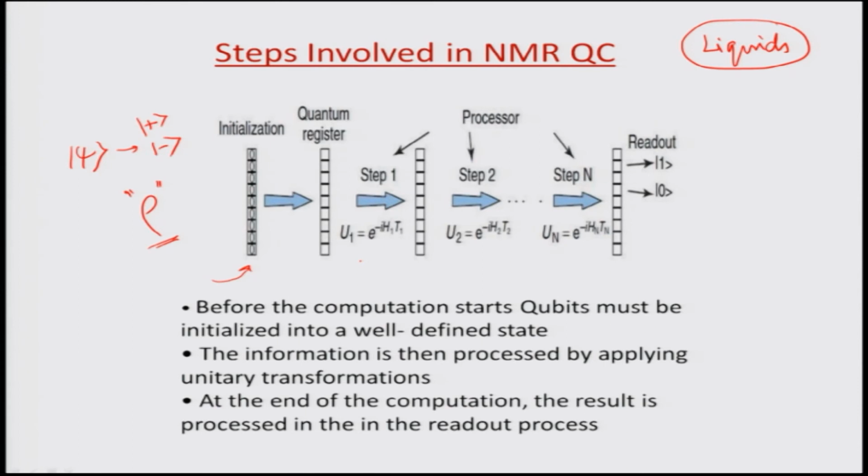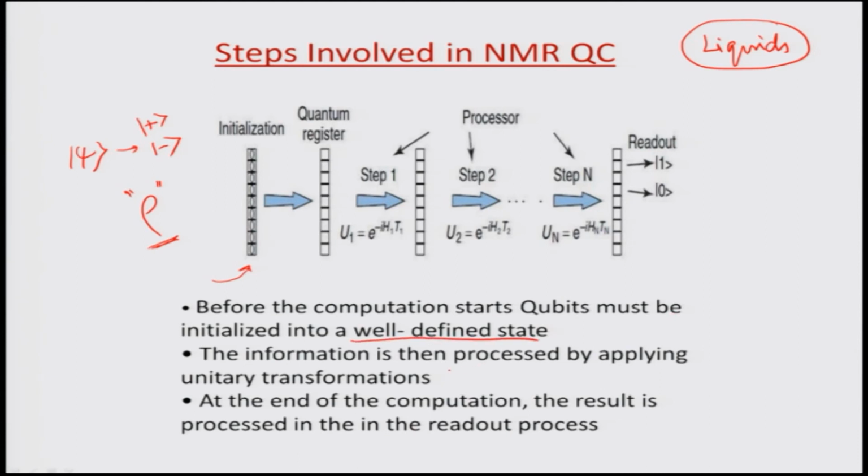A lot of deep theory we did not get into because we were mostly interested in the implementation part using the NMR method. However, it suffices to say that the density matrix picture including average Hamiltonian theory is basically the idea behind this principle, where before the computation is started the qubits are initialized to a certain well defined state.